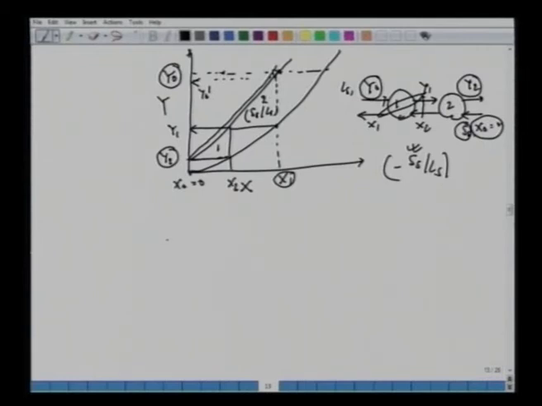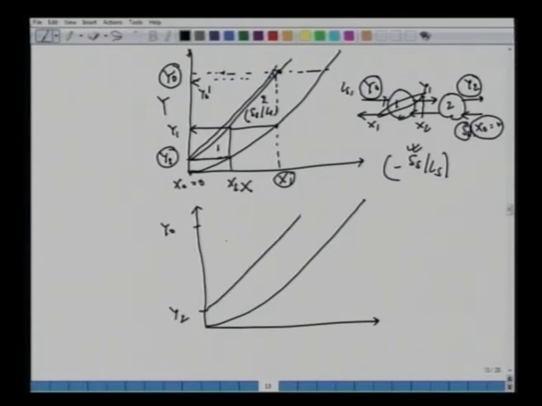Now there is another approach here. Suppose we have, let's redraw this graph here for the two stage countercurrent process. So here we have y0, we have y2, and we know the amount of solvent here.